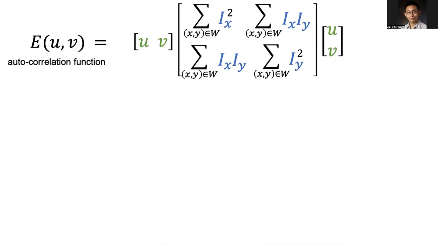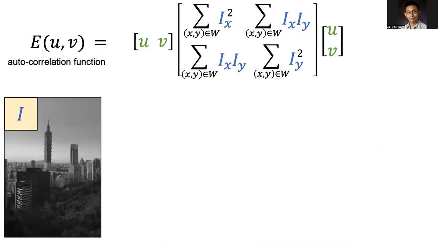This gives us a very efficient way to compute what the error function looks like without actually looking at all the possible shifts. Which means that we only need to characterize this 2x2 matrix.